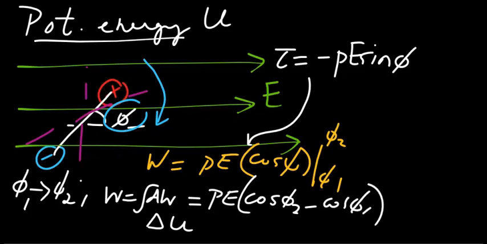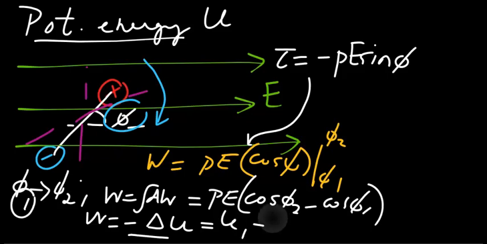But we know work is minus the change in potential energy. So minus the change in potential energy equals the initial potential energy, which is U1, minus the final potential energy, which is U2.